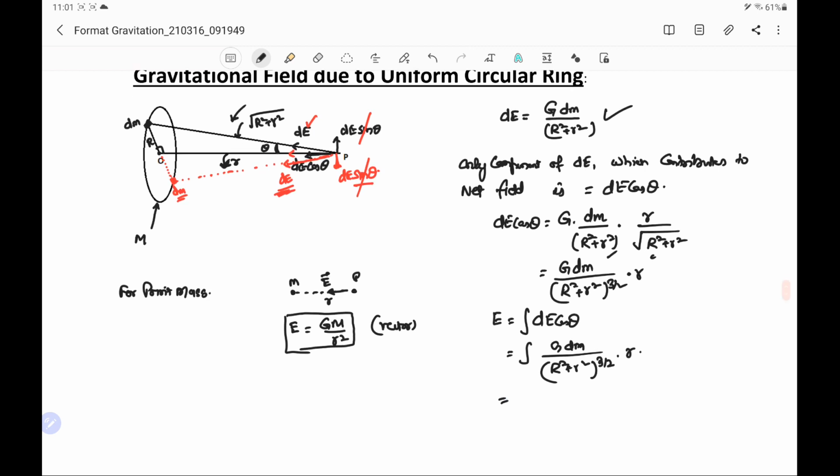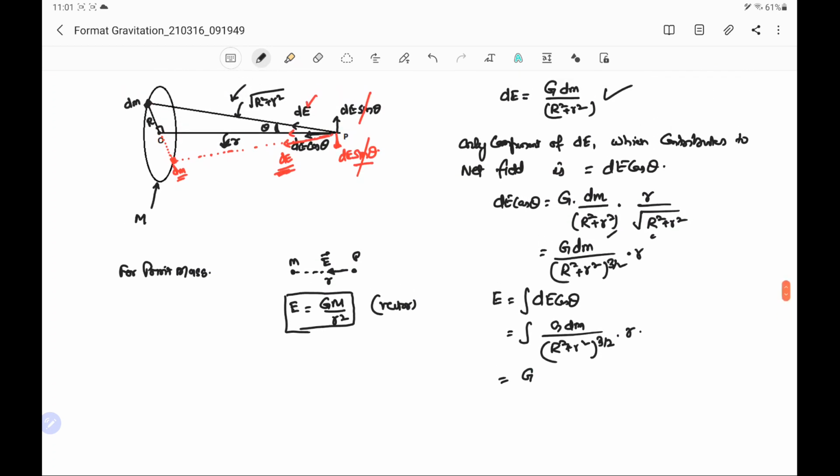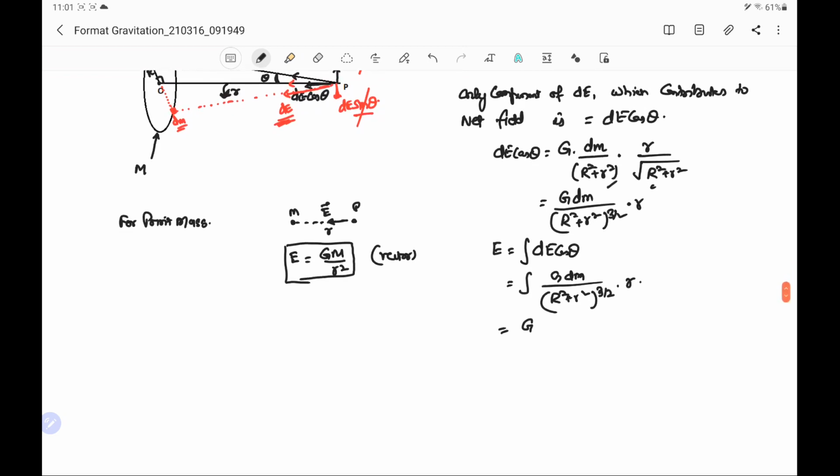And we take the common terms out of the integration. G is a constant, r is also constant, and capital R, the radius, is also constant. That means G r by R square plus r square raised to power 3 by 2 are taken out, and the remaining is dm.